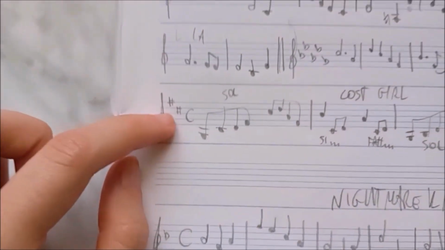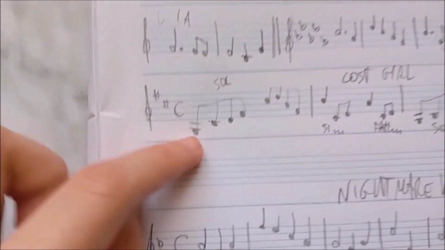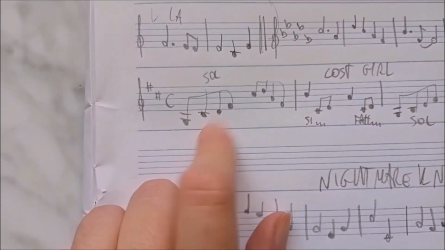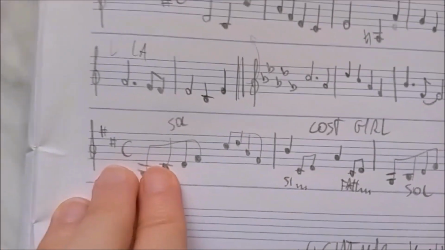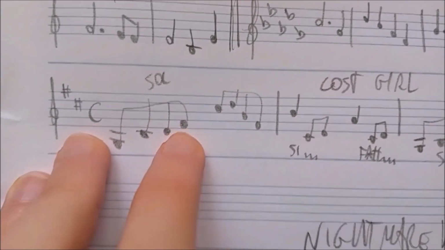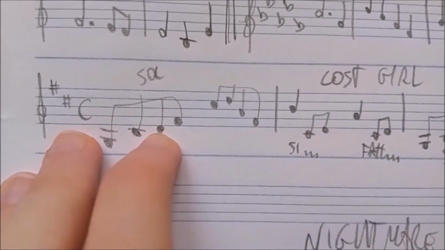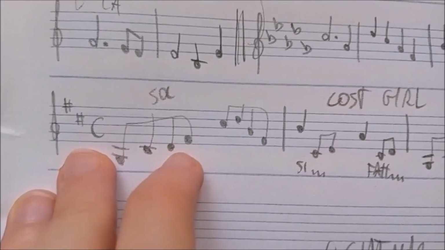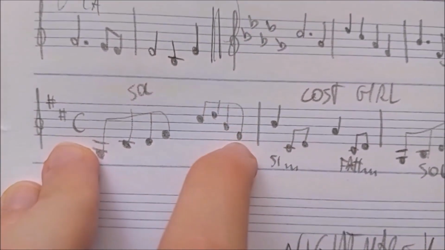Lost Girl is in this key. It starts with a G, but this basically outlines the B minor chord. Let's pretend it starts from this D, for the sake of argument. Look at how the melody would supposedly go. D, F, D, C, A, F.